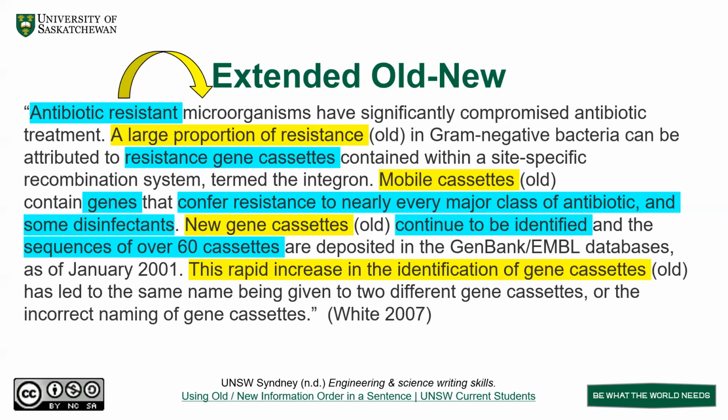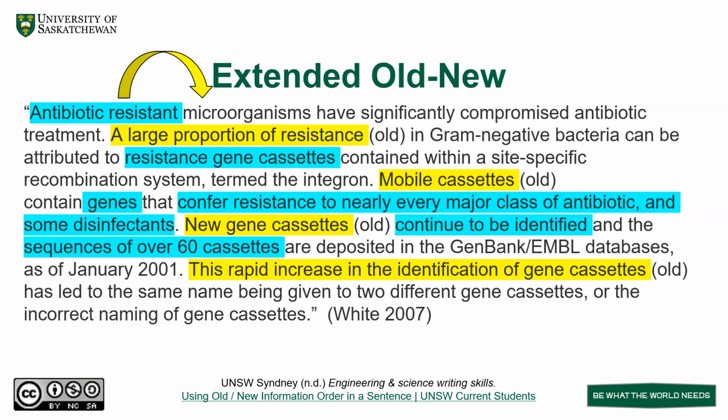Mobile cassettes contain genes that confer resistance to nearly every major class of antibiotic and some disinfectants. New gene cassettes continue to be identified, and the sequences of over 60 cassettes are deposited in the GenBank EMBL databases as of January 2001.